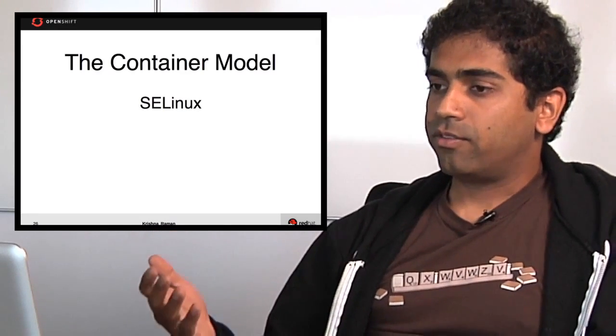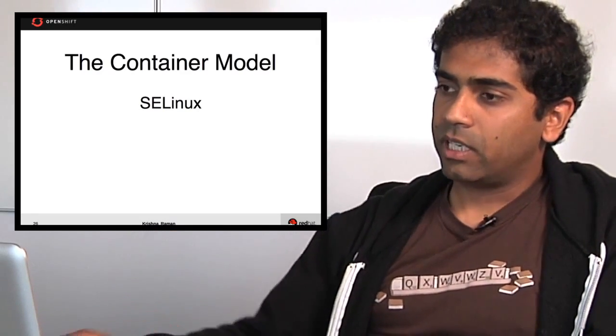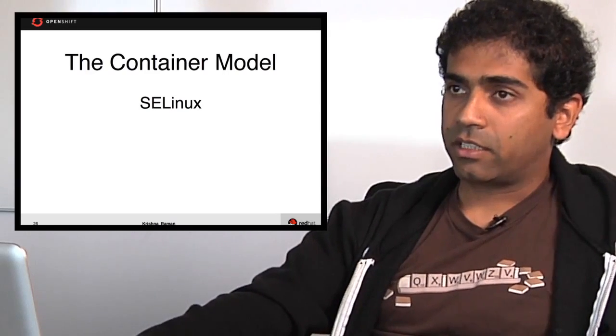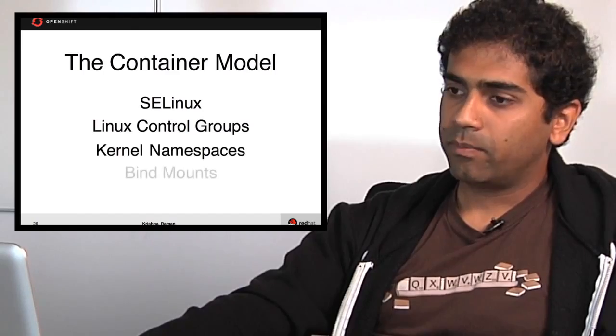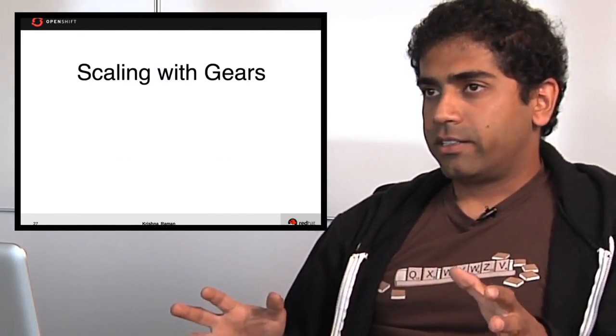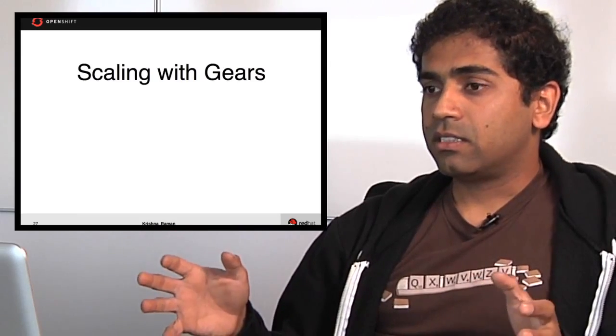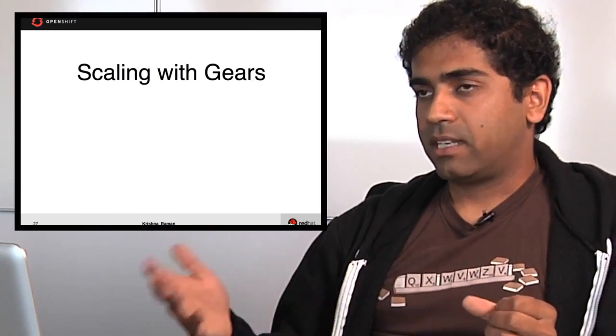The primary one of which is SE/Linux. It also uses Linux control groups, kernel namespaces, and bind mounts. So each of these gears, now that they are bound using SE/Linux and these other technologies, you might be wondering, how do they scale?